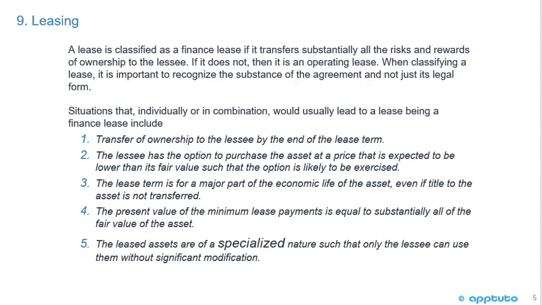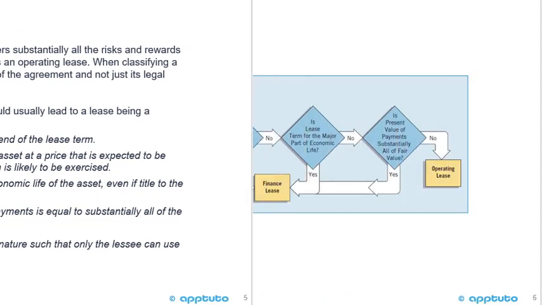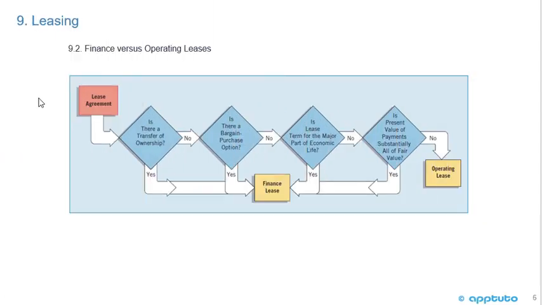The present value of the minimum lease payments is equal to substantially all of the fair value of the asset. Or 5. The leased assets are of a specialized nature such that only the lessee can use them without significant modification. So a quick little graphic with regards to finance lease versus operating lease.